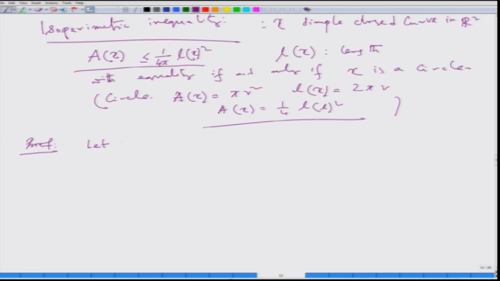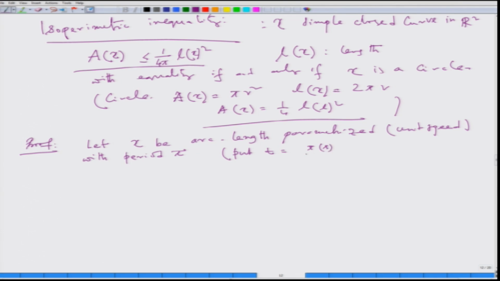So, without loss of generality, let gamma be unit speed, that is, arc length parameterized, unit speed parameterization, which has been referred to, with period pi. How can I do that? I have to change, just put t equal to pi s by L gamma, that will give you arc length parameterization with period pi.